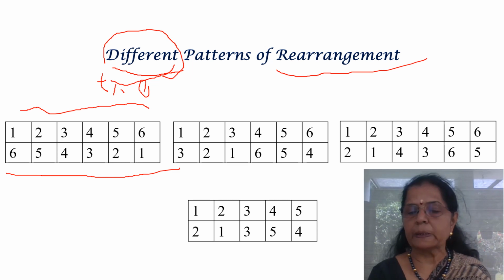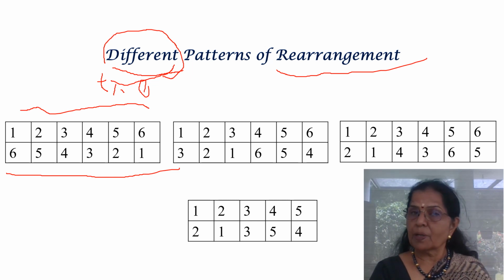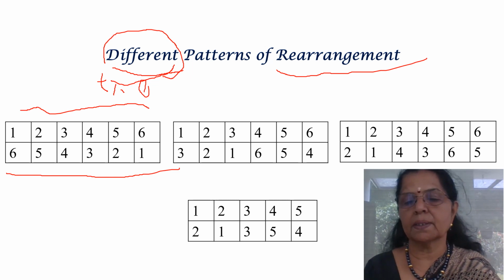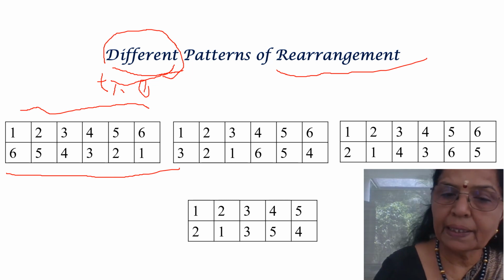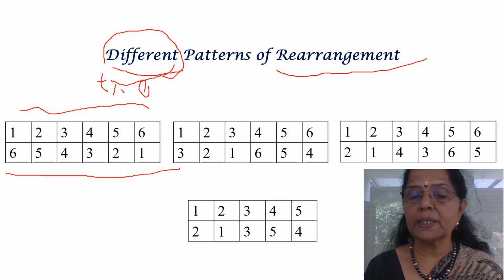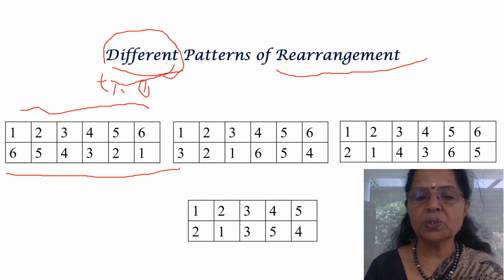This is one pattern. So the problem may be belonging to this type of pattern, or they may ask in another pattern. See here, this is also 6 letters, or it may be 8 letters, whatever it is. We are looking for the pattern. And here, what is the pattern? 1, 2, 3, 4, 5, 6 is written as 3, 2, 1, 6, 5, 4.